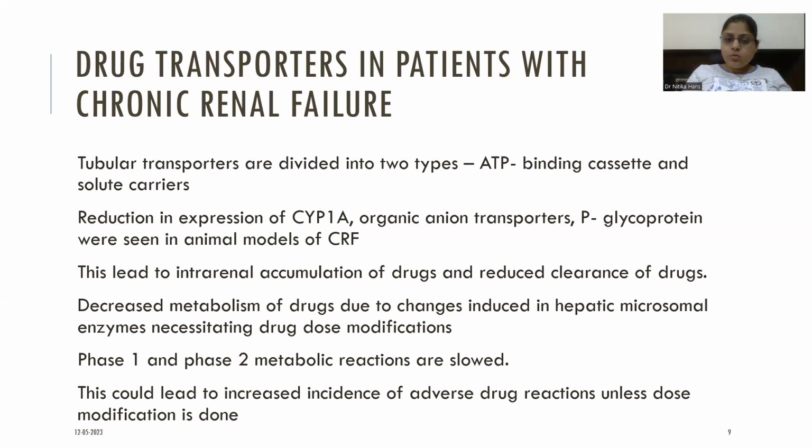So even a bit of increase in dose, if we give the drug in high dose, can lead to adverse drug reactions. If the dose modification is not done, meaning if the drug is not given in low dose, or if we do not reduce the frequency of the drug, then as phase 1 and phase 2 metabolic reactions are reduced, excretion is reduced, and clearance is reduced, that can lead to an increased incidence of adverse drug reactions.